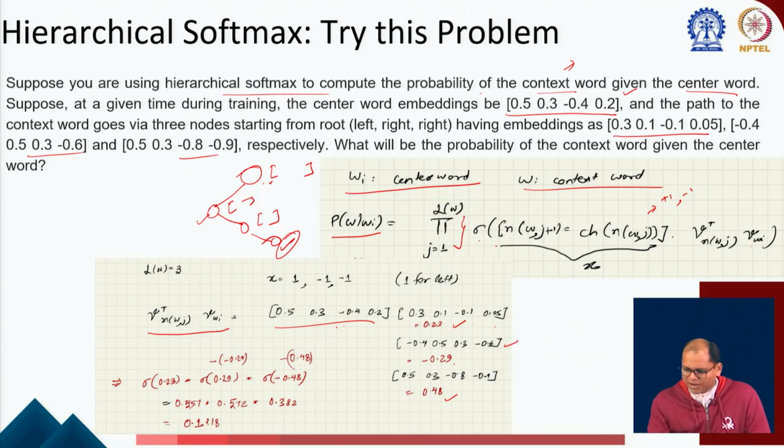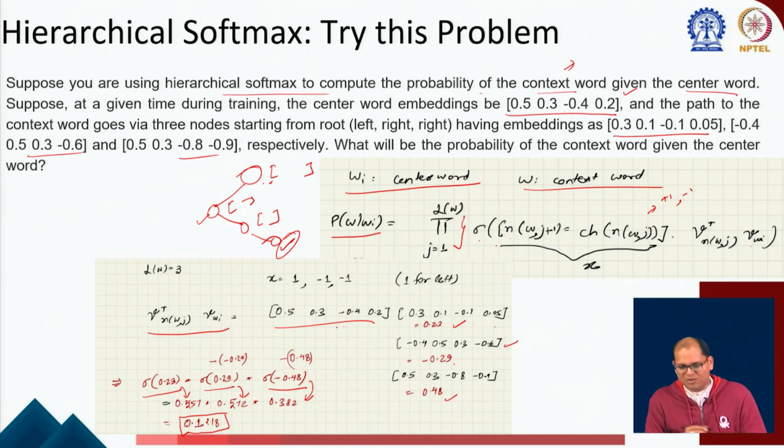So the first time I go left, so +1, sigmoid of 0.23. Next time I go right, so minus of this, sigmoid of 0.29. And then I go right again, so sigmoid of minus 0.48. And you compute the sigmoid values, multiply these, and this is the probability that you get, 0.1218.